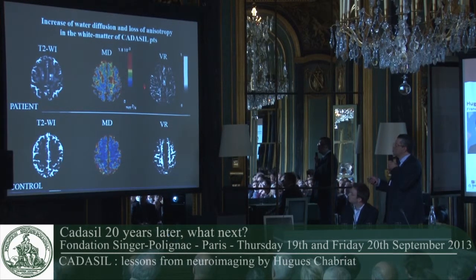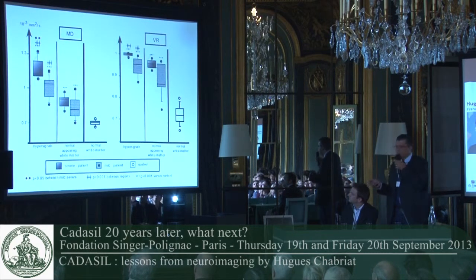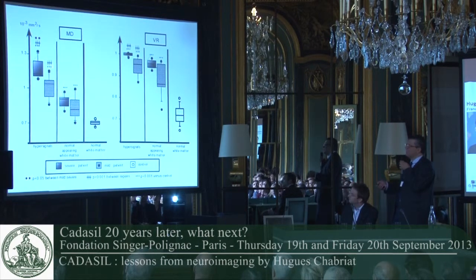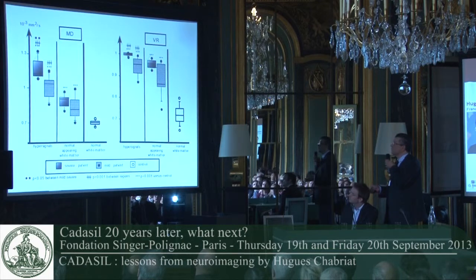And there was also a loss of the orientation of these movements when we used anisotropy maps. And we showed that not only this diffusion was increased within the hyperintensities on T2 MRI, but that it was possible to detect abnormal diffusion outside visible lesions in CADASIL patients.